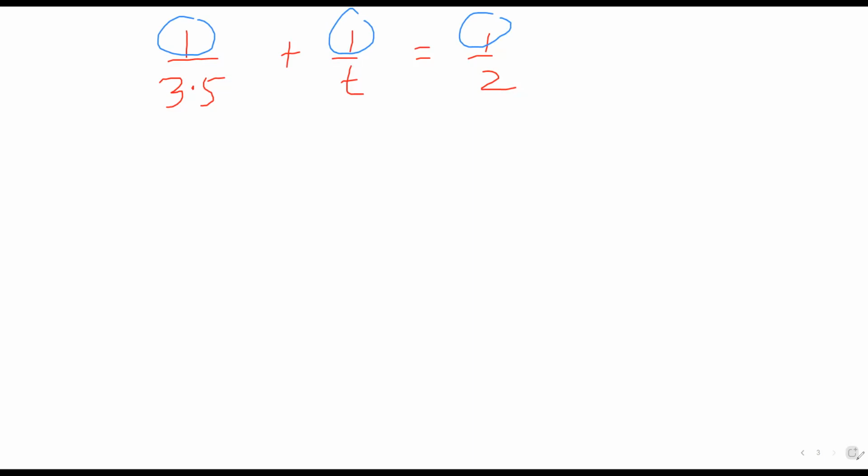So the LCD of this: 3.5 times 2 is 7, times T is 7T. So I'm going to multiply 7T times everything on the left.